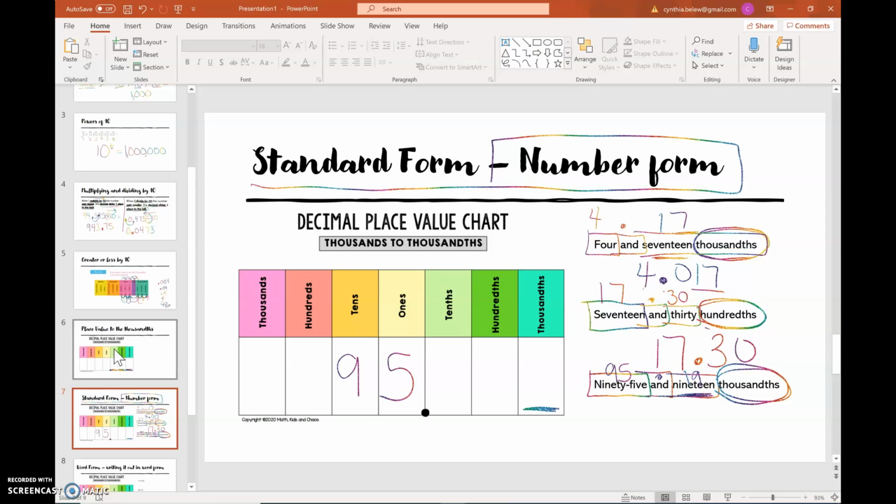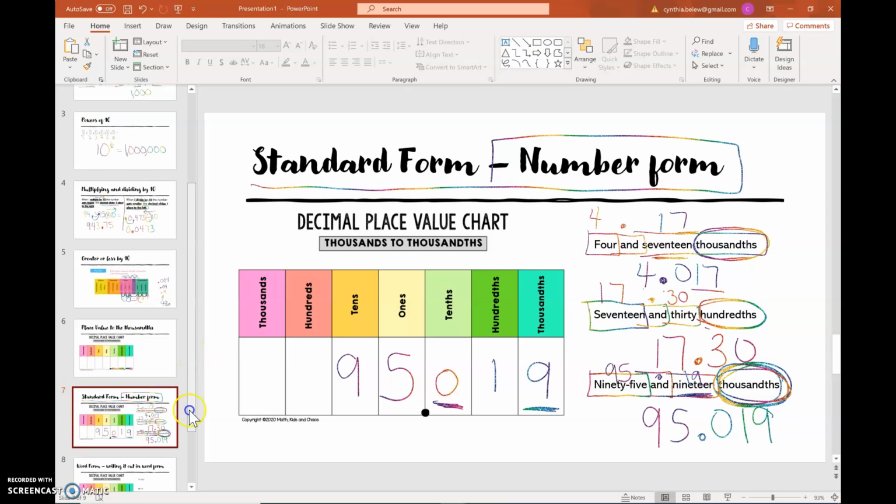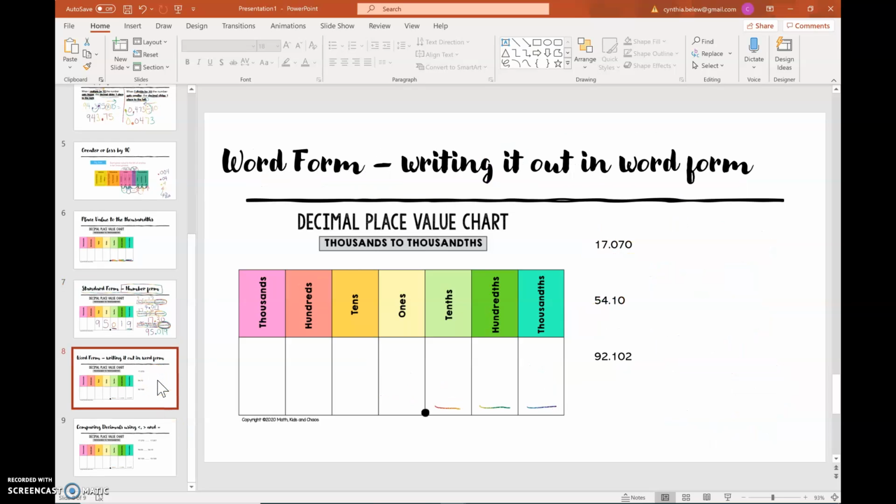And in the number 19, the 9 has to be in the thousandths spot. So I have 9 thousandths, 1 hundredth, and I don't have any tenths, so I have to put a 0 there. 95 and 19 thousandths. Now the same thing in opposite order is going from standard form to word form.